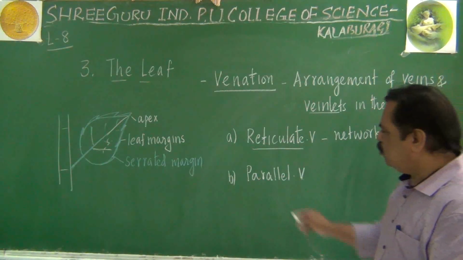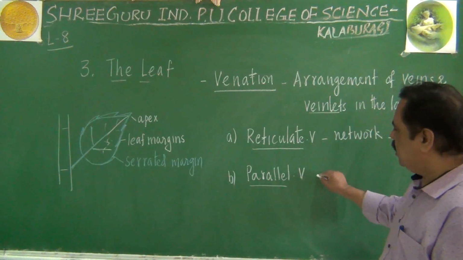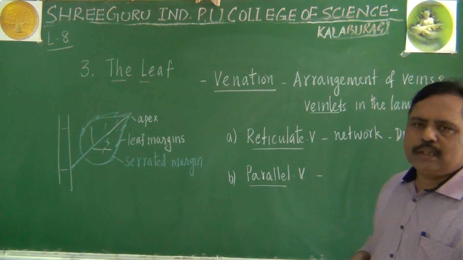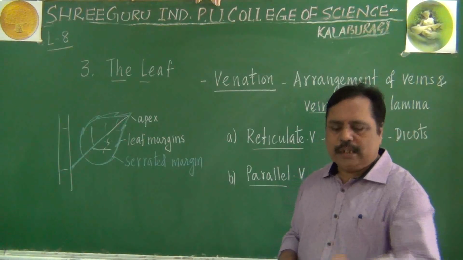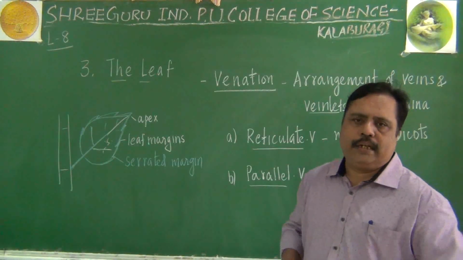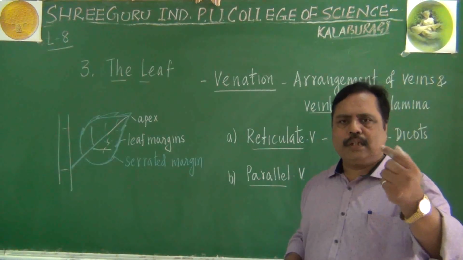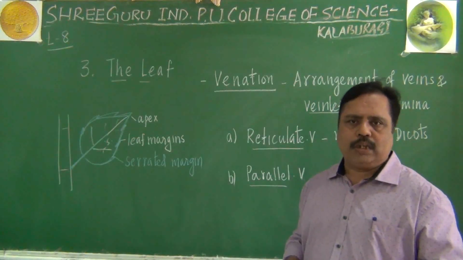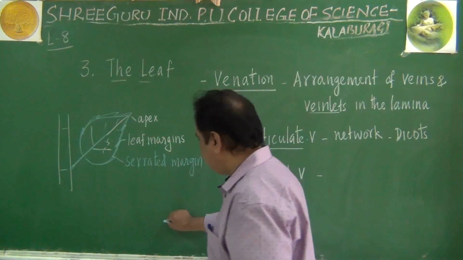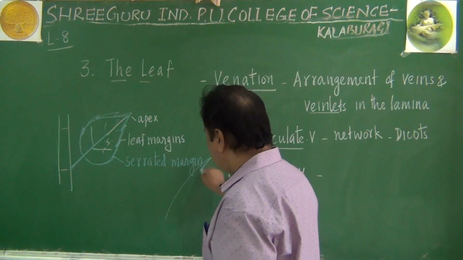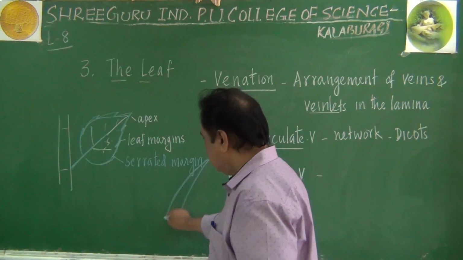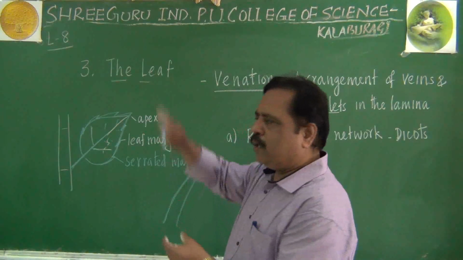Okay, let us come to parallel venation. From the name itself you can understand. In the leaves of sugar cane and the leaves of the coconut tree, you can see they have a narrow lamina like this. Not a broad lamina, but a narrow lamina.